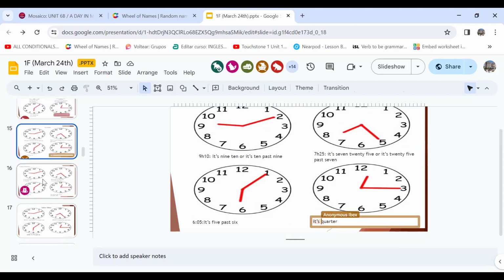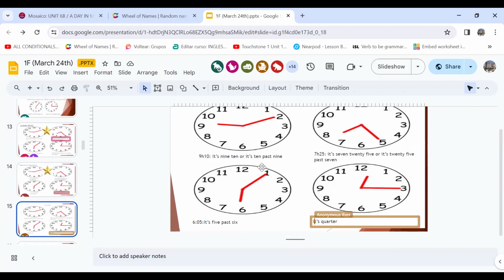Reviso hasta la de 16 en público y de ahí las reviso en privado, ¿ok? Okay, it's 9:10, yes. It's 7:25. It is 6:05, yes. It's correct.